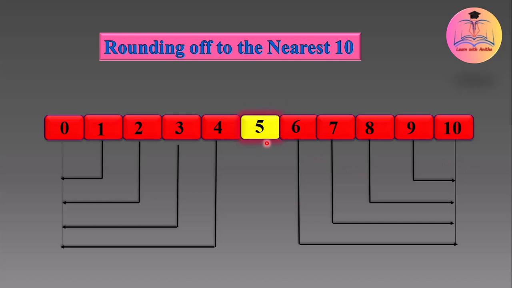If the number is less than 5, that is 4, 3, 2, 1, we will place it nearer to 0. How will we round off? We will round off to 0. If the number is greater than or equal to 5, then we will round off to 10.